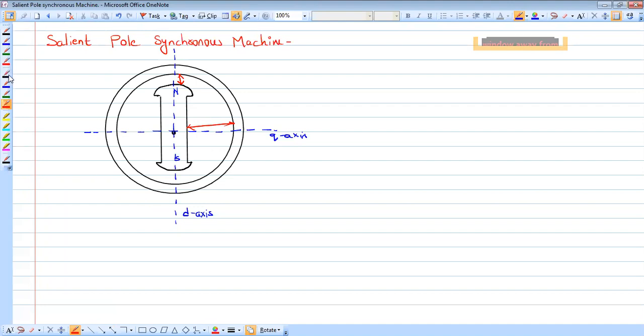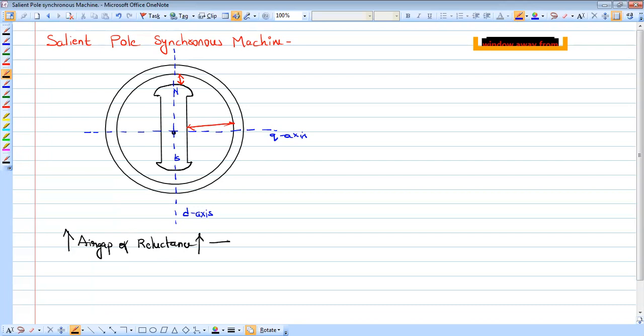Why? You know, air gap is directly proportional to reluctance, right? If air gap increases, reluctance also increases. Due to the increase in the reluctance, or the increase in the air gap, what happens to the armature reaction effect?